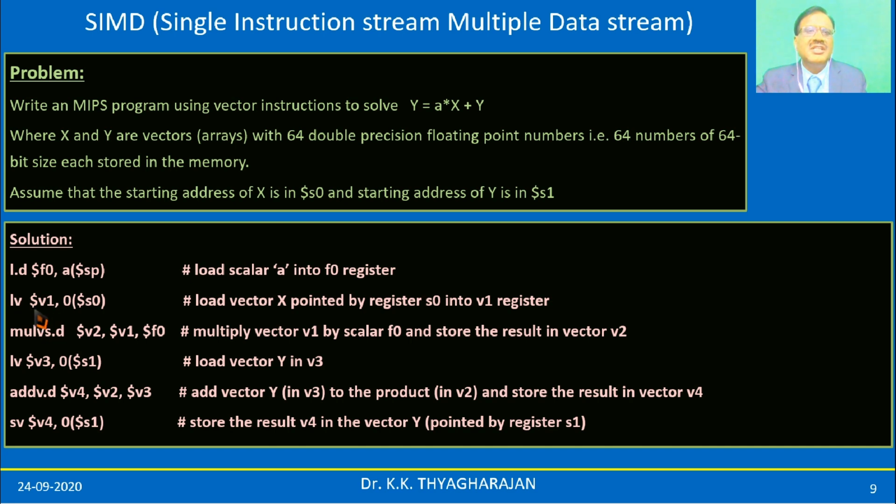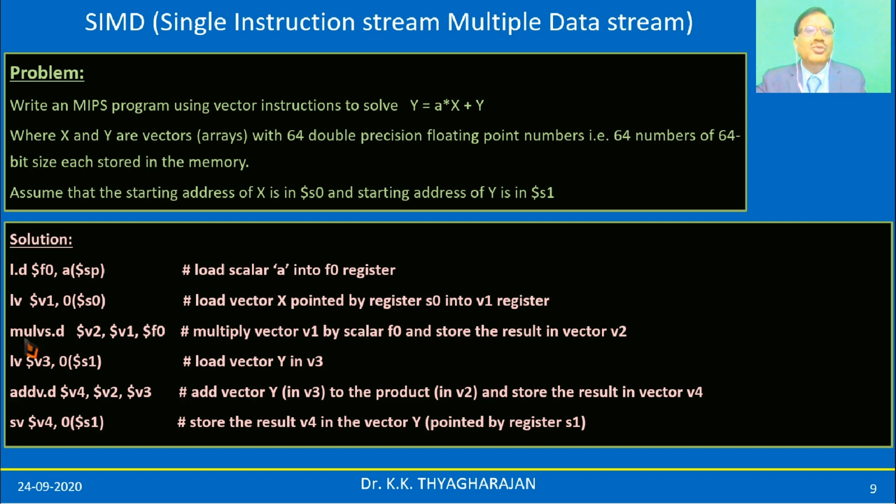This instruction indicates that you have to bring the vector from the memory using the register S0, because S0 is pointing to the starting address of the vector, right? That vector is to be loaded into vector register V1.